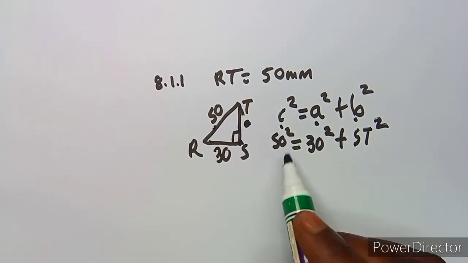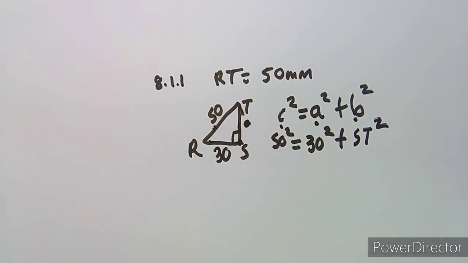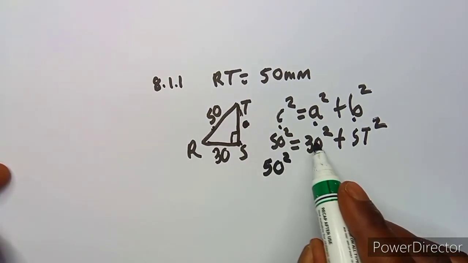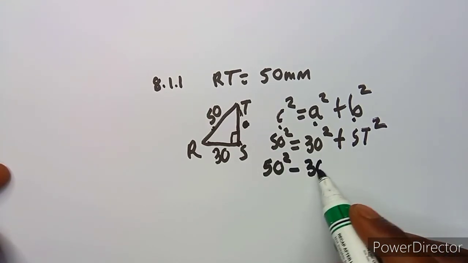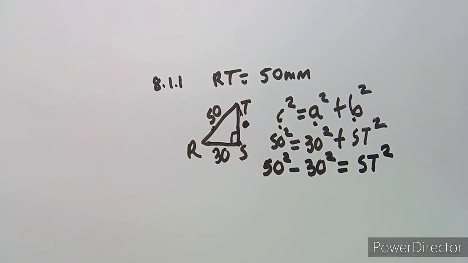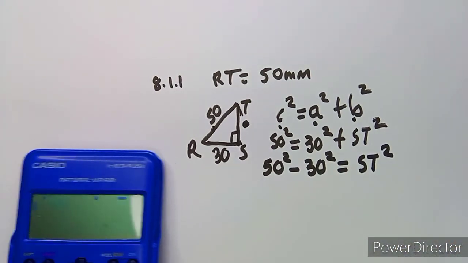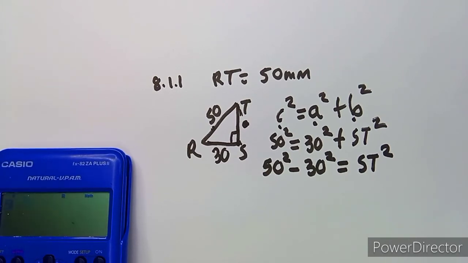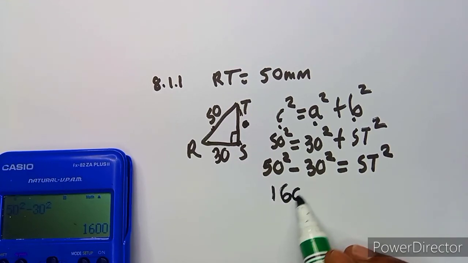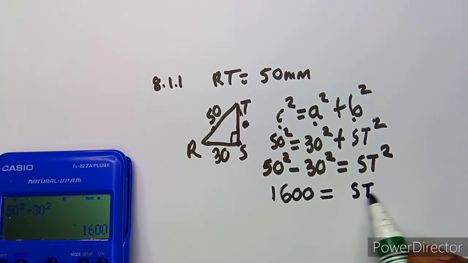You can use your calculator to find the value of 50 squared, or you can transpose 30 squared and find the value at the same time. So 50 squared minus 30 squared gives us 1600, which is equal to ST squared.